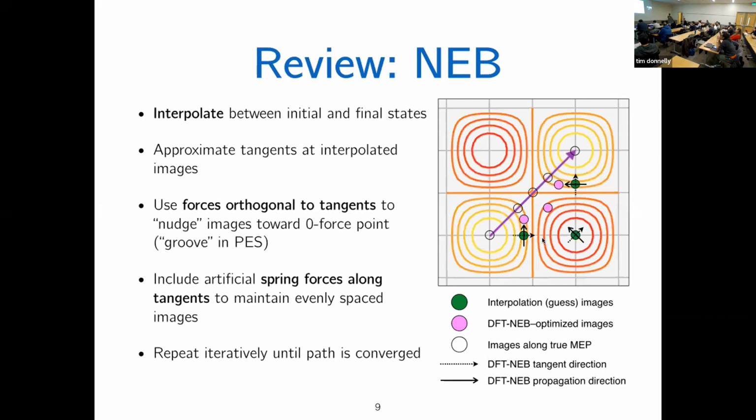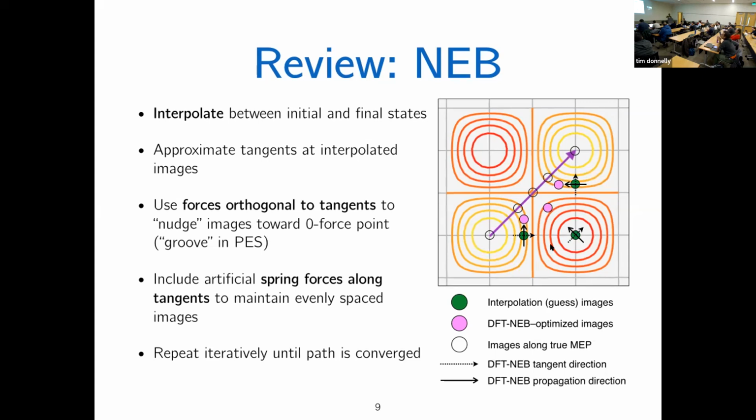You then resolve the forces along and orthogonal to the path, and then set the component along the path to 0. So you're only left with a force that's orthogonal to the path, and then you move in small discrete iterations toward a force converged set of states. And so that is the pink dots that you see. It's a slightly better approximation to the MEP than you would get just by a linear interpolation, for example.